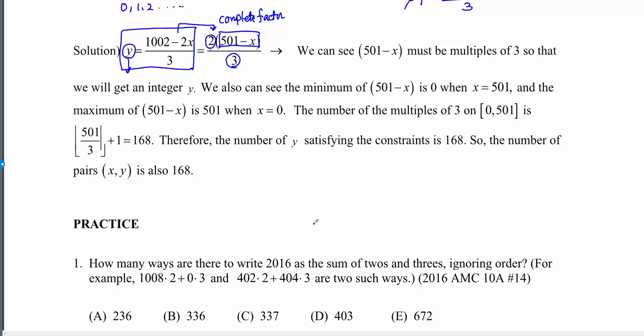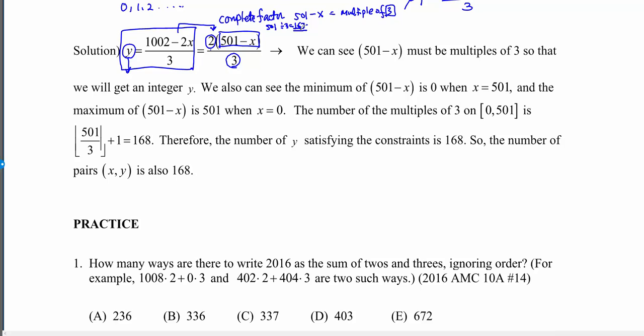Anyway, we know that 501 minus x should be a multiple of 3, right? We already know that 501 is divisible by 3, because 501 divided by 3 equals 167.